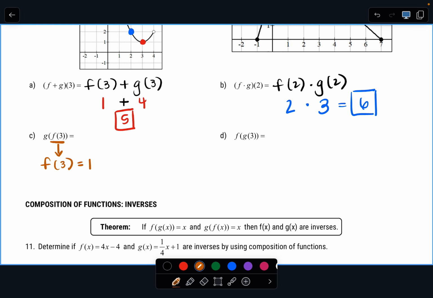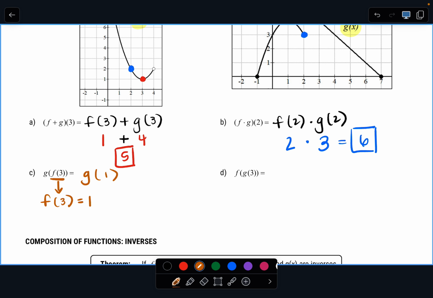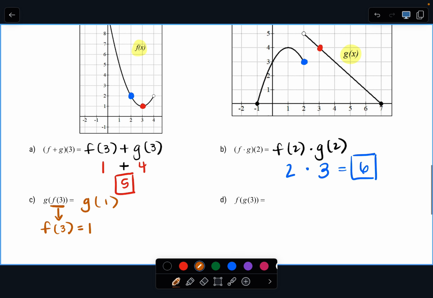Once you find the inside, you take the number that you found, and it's going to replace whatever was inside to begin with. So since I said f of 3 is equal to 1, I'm plugging in 1 to that equation. And then I'm going to go to g, and I'm going to figure out where x is. Wyatt, what did you say it is? 4. So I'm going to go, just to show you what I'm doing, to g of 1.